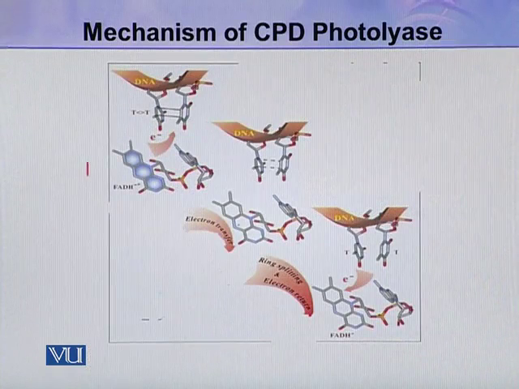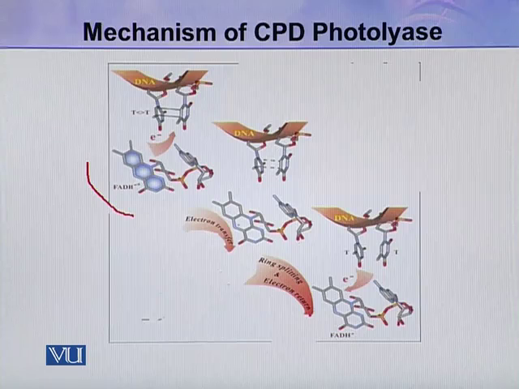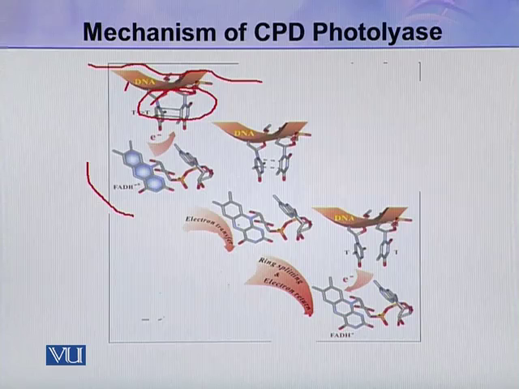So this is FADH, and this is the dimer on the DNA. This is the DNA helix. When they bind together, this dimer flips out of the helix.